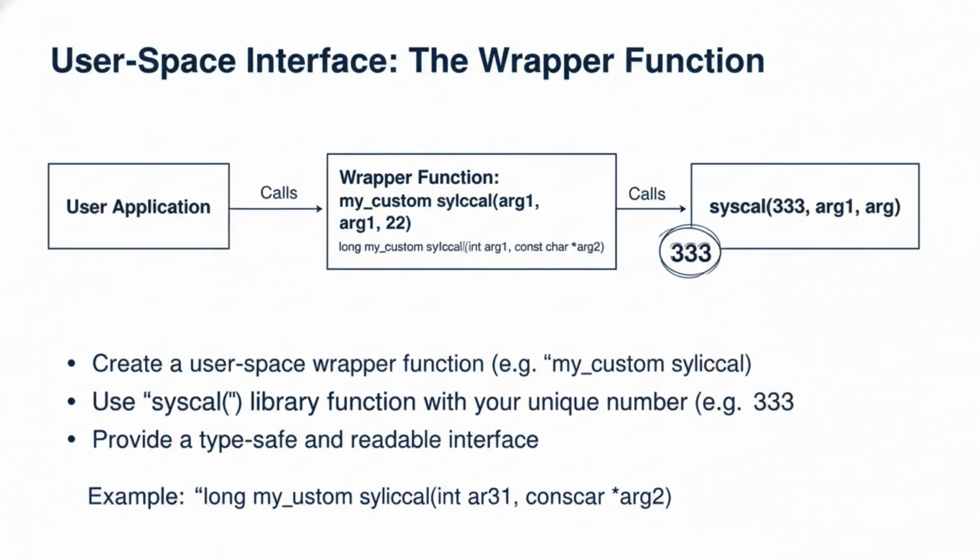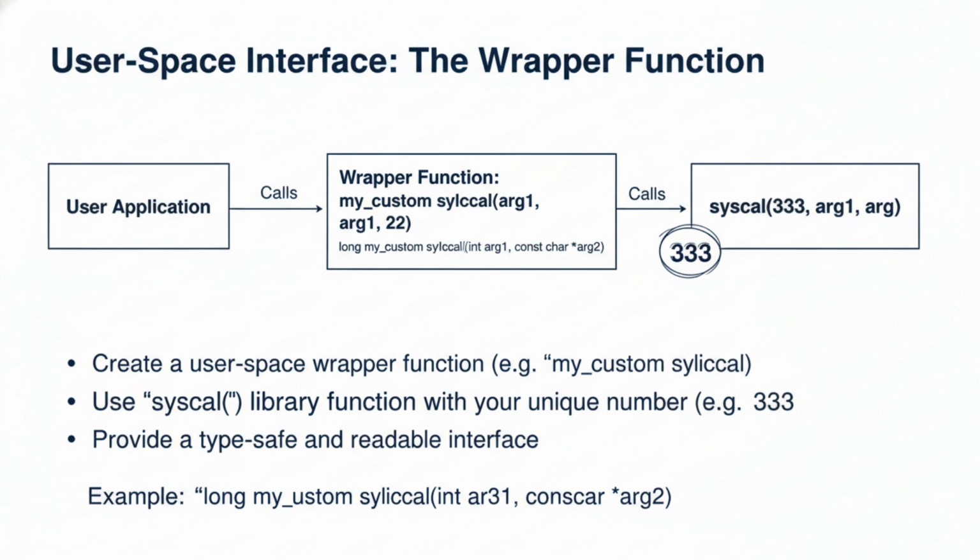With the kernel-side implementation complete, we need a way for user space applications to call it. While you can directly use the syscall library function with your system call number, it's generally better practice to create a wrapper function. This wrapper, often defined in a custom header file, provides a more readable and type-safe interface, mimicking how standard library functions work.